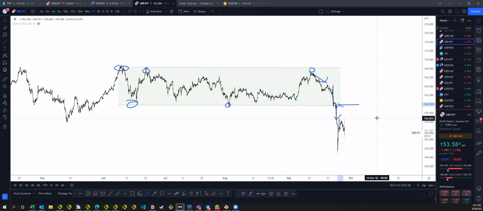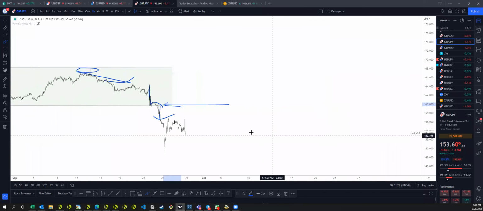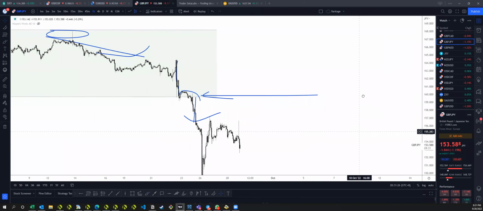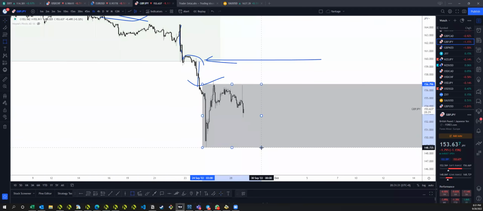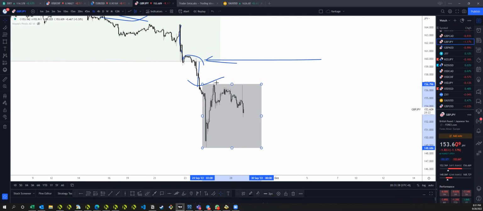So now we have this leg down. So the new range that we're looking at will be this level here. Okay. This will be our new range. So sells will be here, and then any buys will be at this level.